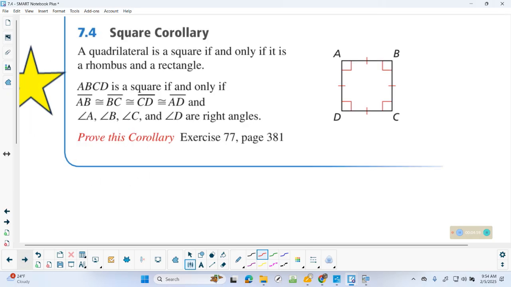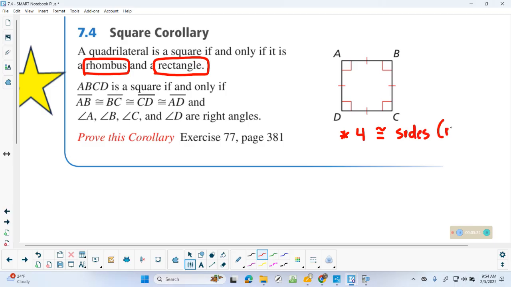We know that. Okay, square. If and only if, we already talked about this. It's a rhombus and a rectangle. Now again, there are so many vocab words here. Now what does that mean that it is a rhombus and a rectangle? Well, what that specifically means, you know this on a square, you have 4 congruent sides.